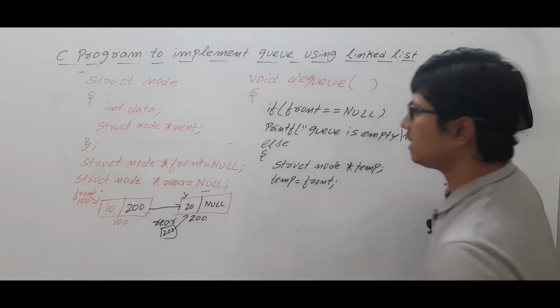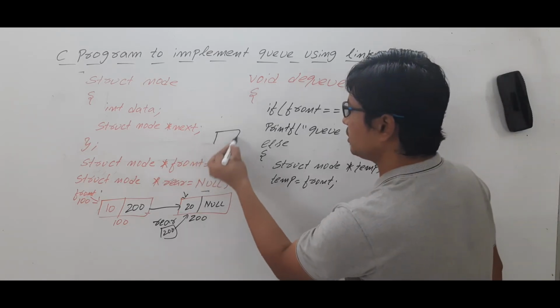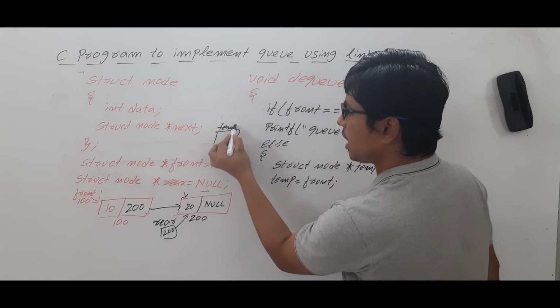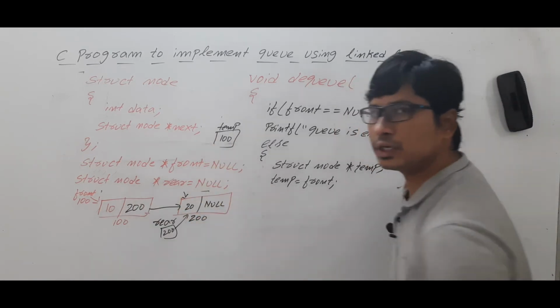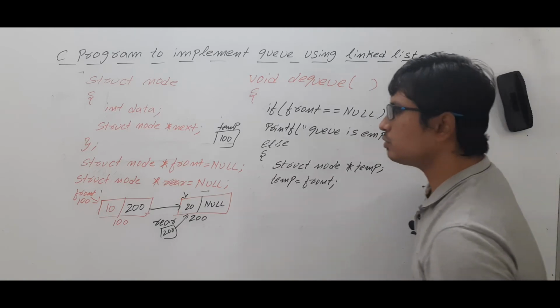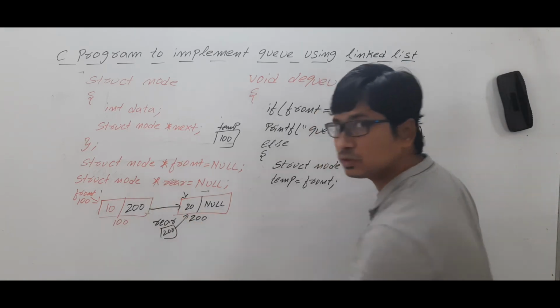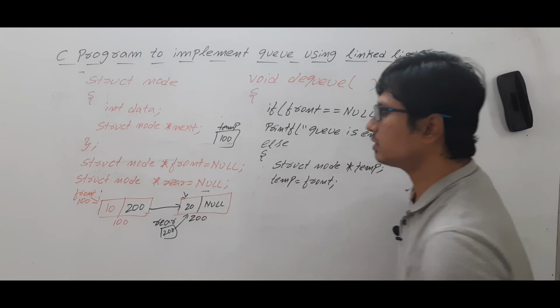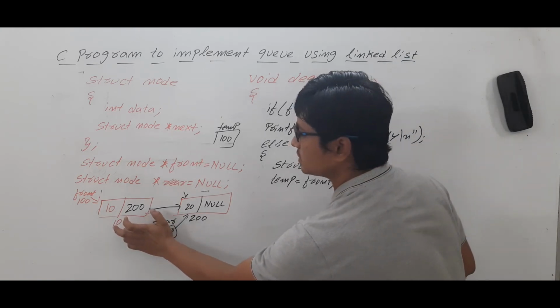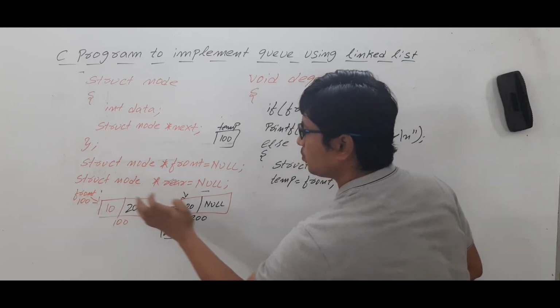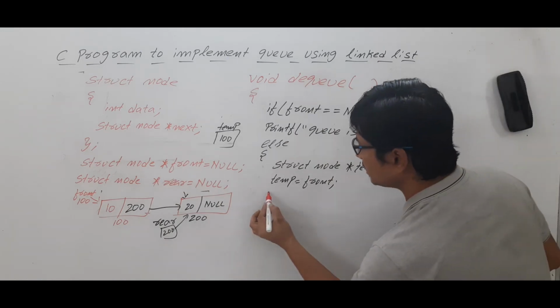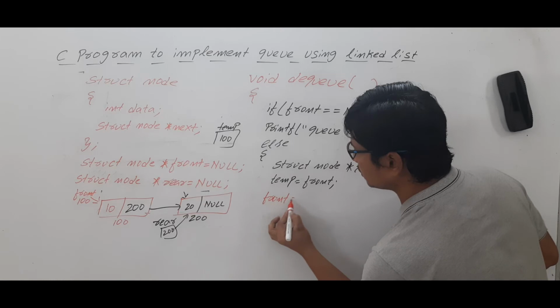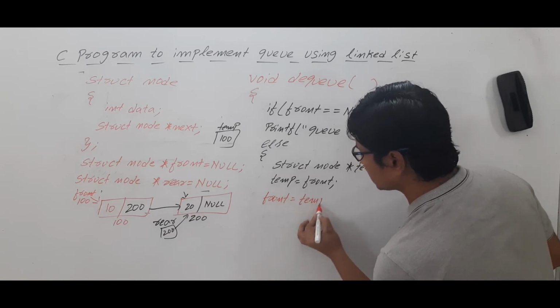What will happen is that you are creating a variable called temp which has the address 100, so this temp is also pointing to this first node. Then you have to delete this node. How can you delete this node? First, front should point to the next node. So you will write front is equal to temp of next.